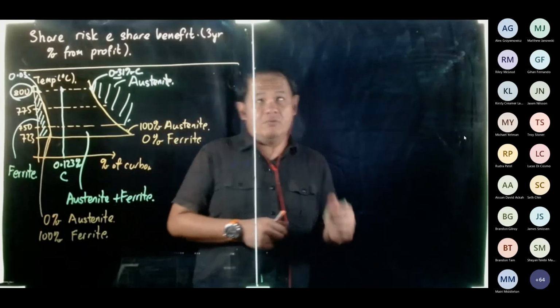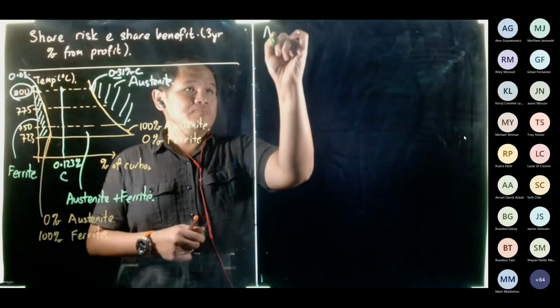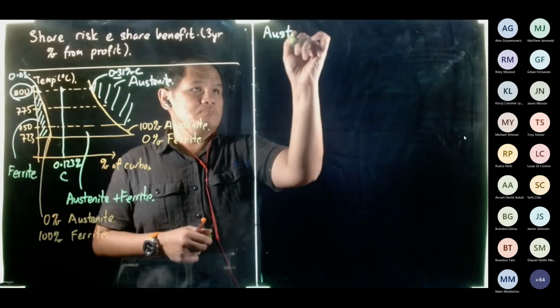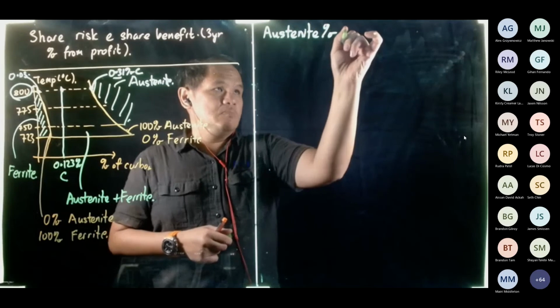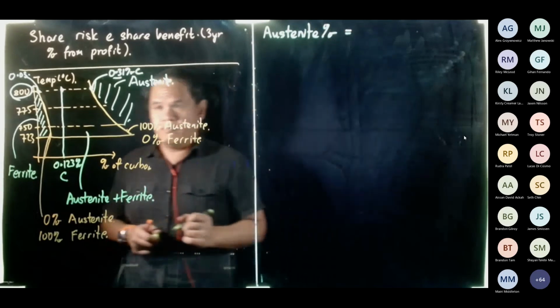So we calculate the percentage of austenite.